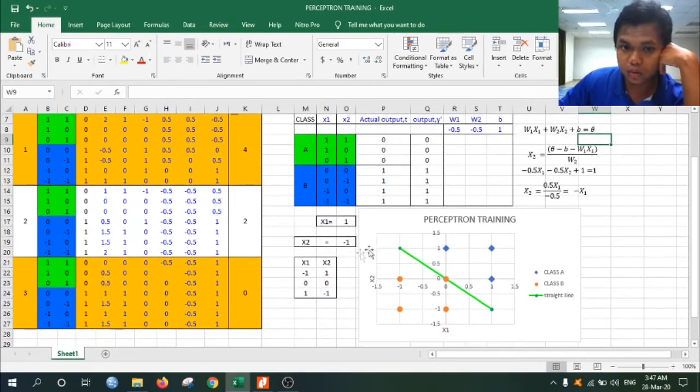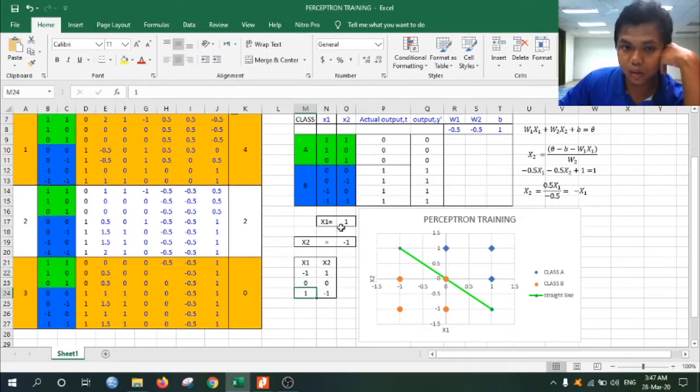Then we just insert the coordinates from negative 1 until 1. We take negative 1 because it is the smallest, and we take 1 because it's the highest.